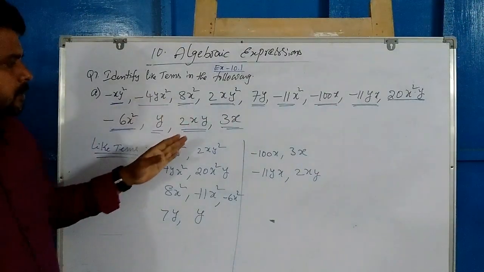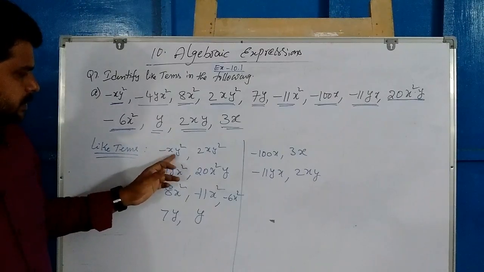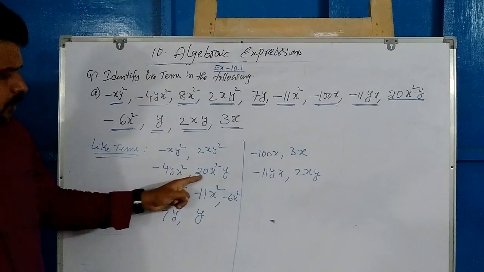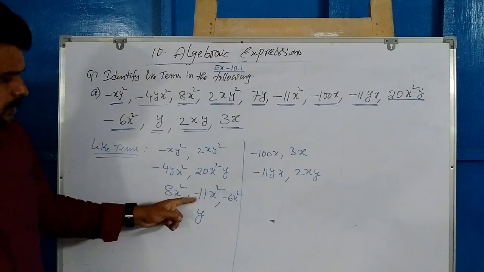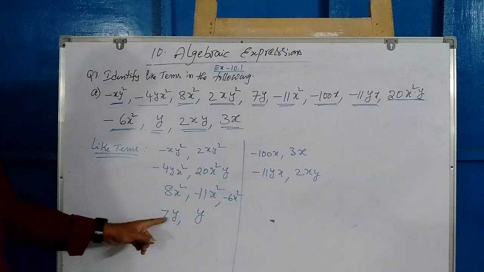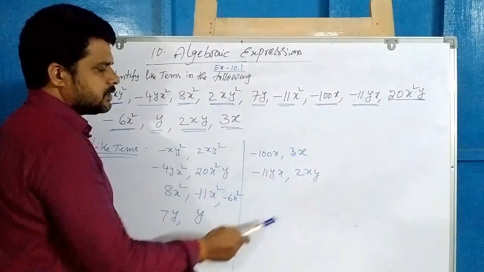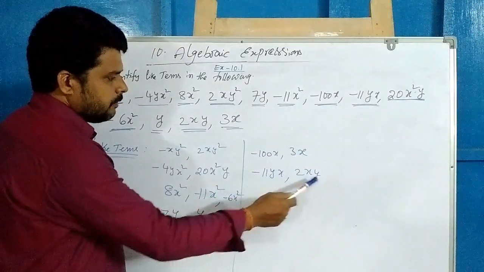They gave some terms; we divided them into like terms. Minus x y square, 2 x y square. Minus 4 y x square, 20 x square y. Both are same. x square terms: 8 x square, minus 7 x square, minus 6 x square. y terms: 7y, y. x terms: minus 100x, 3x. Minus 11xy, 2xy. Both are same.